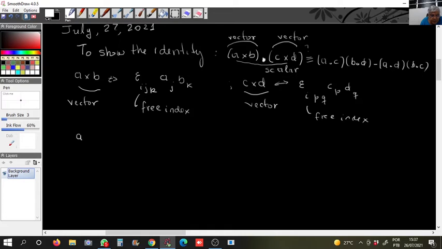Now, A cross B dot C cross D is equal to epsilon I J K A J B K. Now, epsilon I P Q, C P D Q. You see, I use the same index.